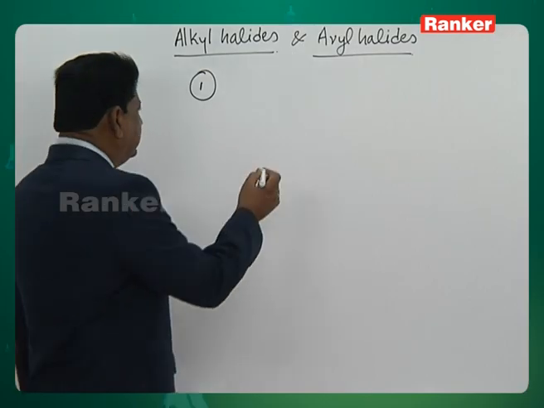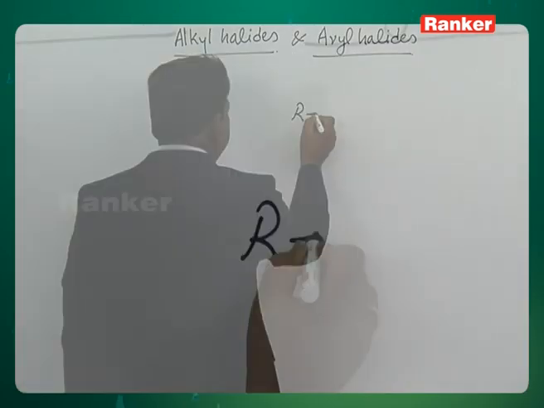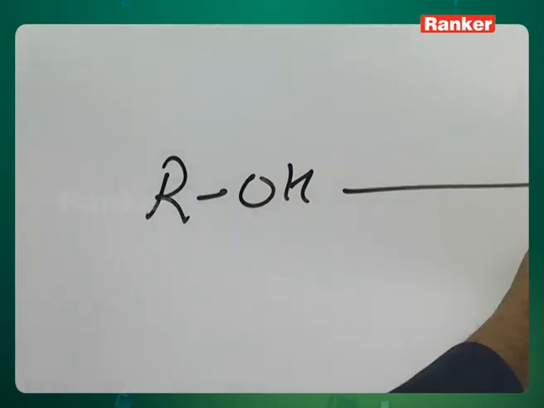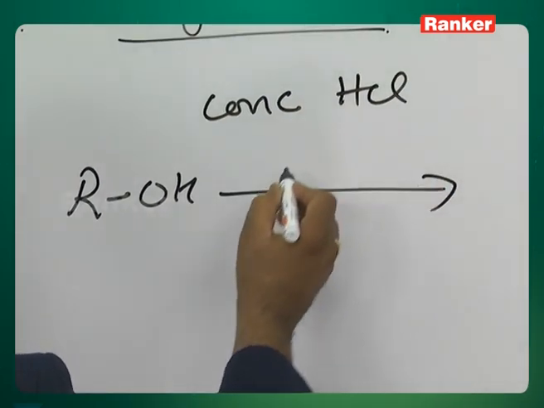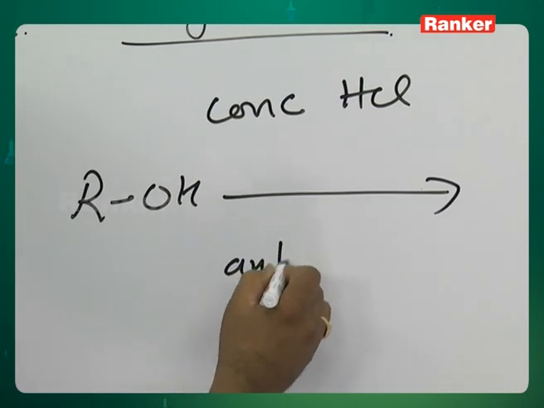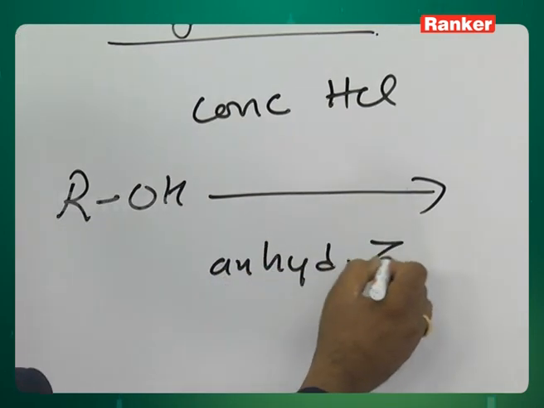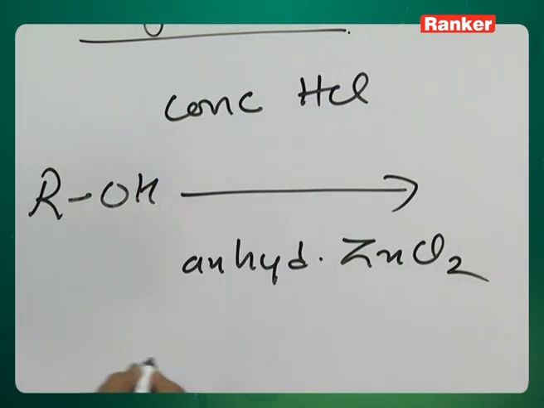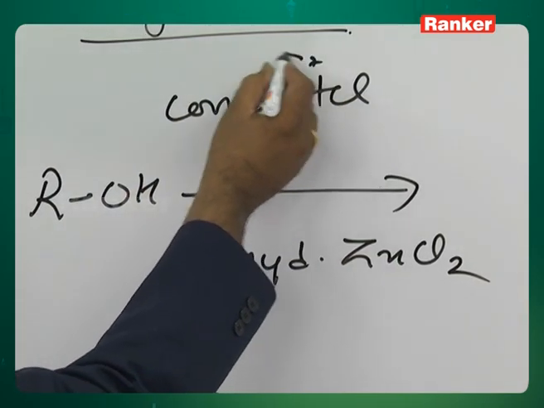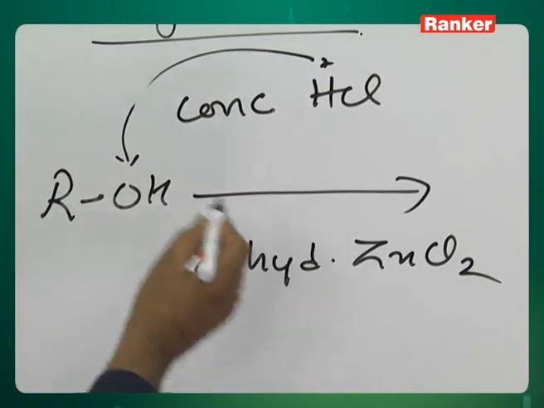In the Lucas reaction, what happens? An alkyl alcohol is treated with a reagent, concentrated HCl in combination with anhydrous zinc chloride. This is called the Lucas reagent. In this reaction, the H plus will attack the OH and it goes out as water.